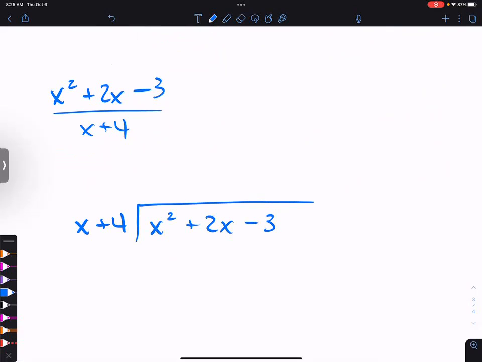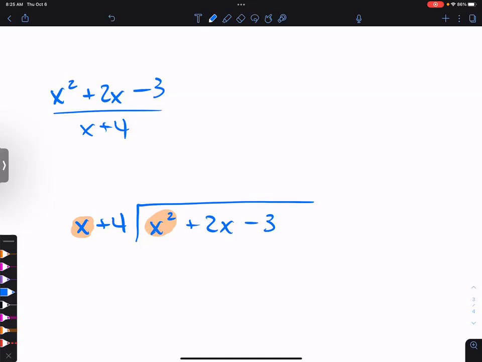Okay, so the way this goes is that we again pretty much look at how the divisor, the thing you're dividing by, goes into the thing, doing it one term at a time. So I'm going to look at this and this and ask, what do I need to multiply this by to get that?